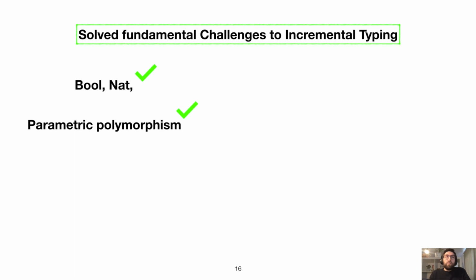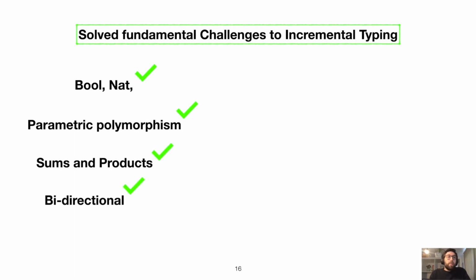In our paper, we tackled the fundamental challenges that arise when deriving incremental type checkers by translating to Datalog. These fundamental challenges already support a variety of typing features, such as simple types, including Boolean and NUT types, parametric polymorphism, sum and product types, bidirectional type checking, and iso-recursive types.